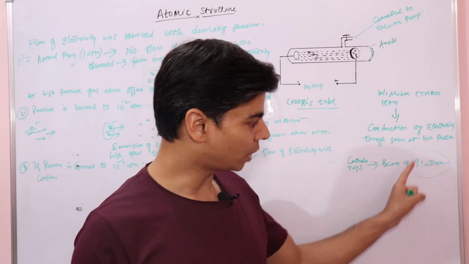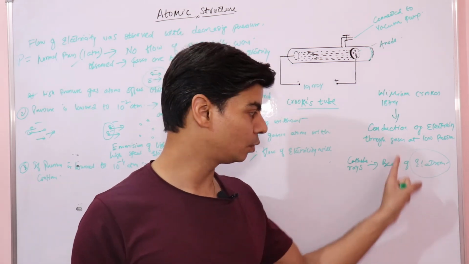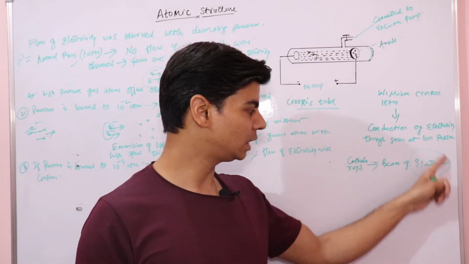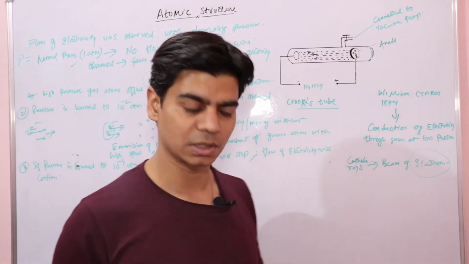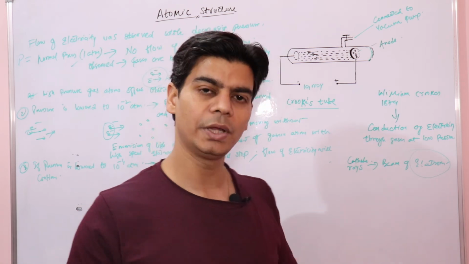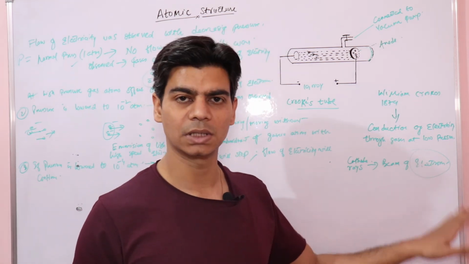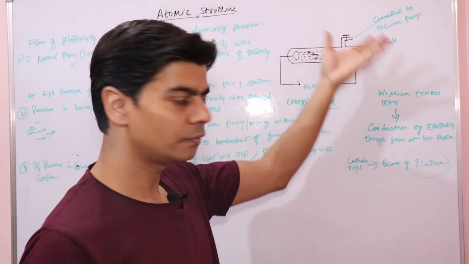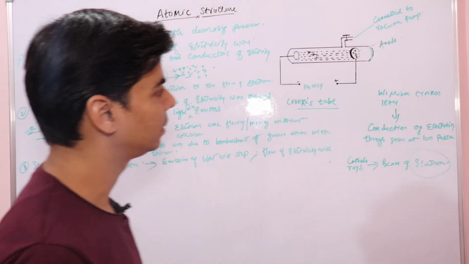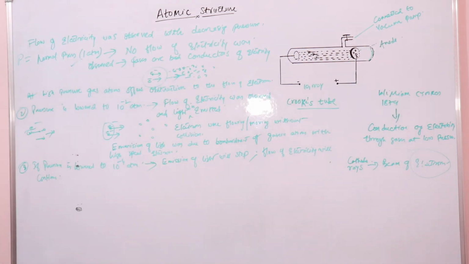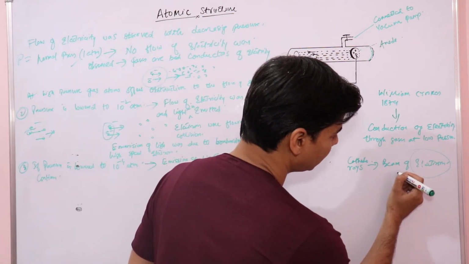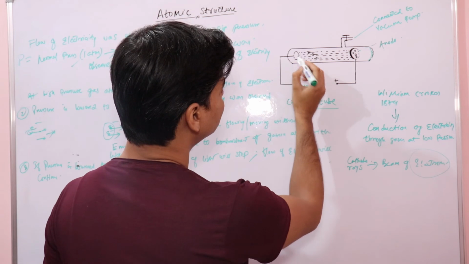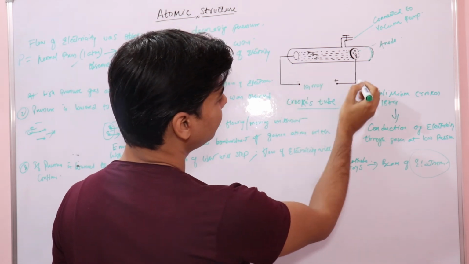And these cathode rays consist of negatively charged particles. We will prove that this beam of electrons or cathode rays consists of negatively charged particles, because today we know that electrons are negatively charged particles, and this is what we are trying to discover in this experiment. We know that this is positive, this is negative.